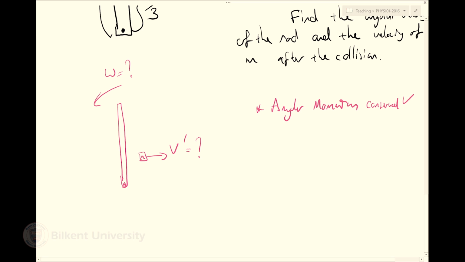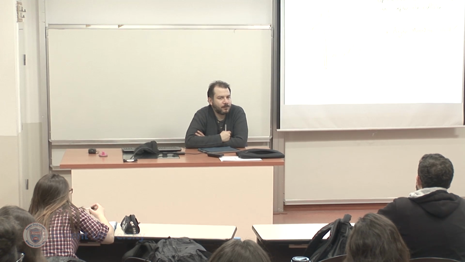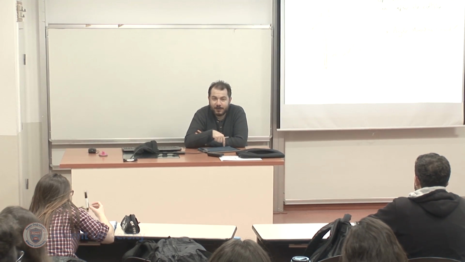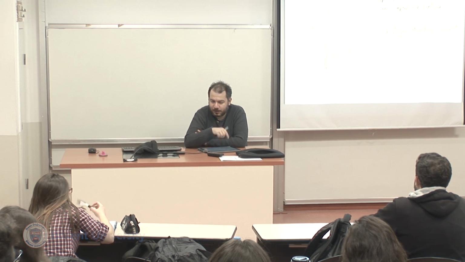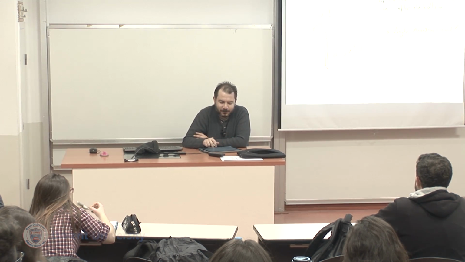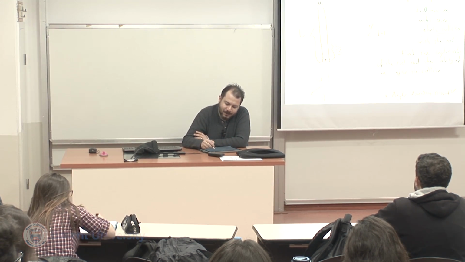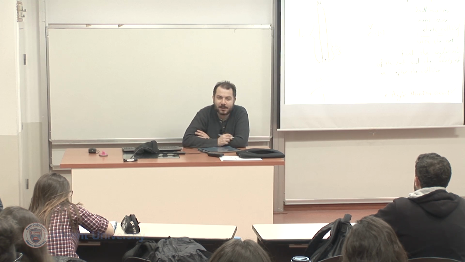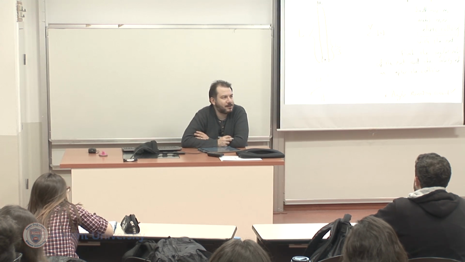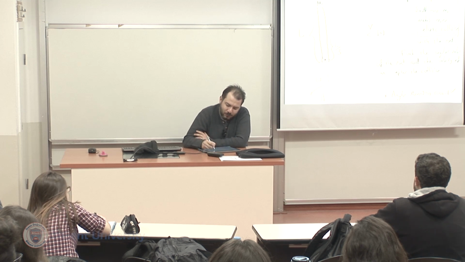But angular momentum conservation can give me only one equation. How many unknowns do I have? I have omega and v prime. So I have two unknowns here. I need one more principle, and it's staring me in the face because the question explicitly says this is an elastic collision. Elastic collision means energy is conserved, right?